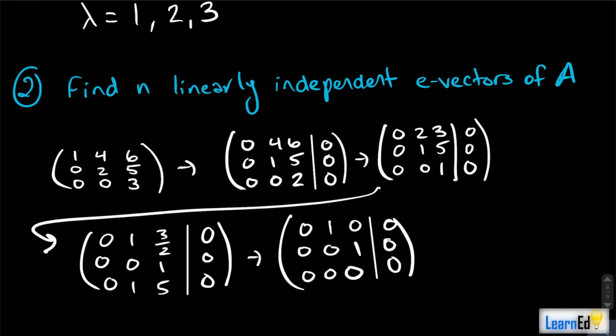The same goes for the third row. I can make that all 0 because this 1 will be able to zero out that 5 without any effect on anything else, because there are zeros in the rest of the row. So that's why I'm able to write it like this.